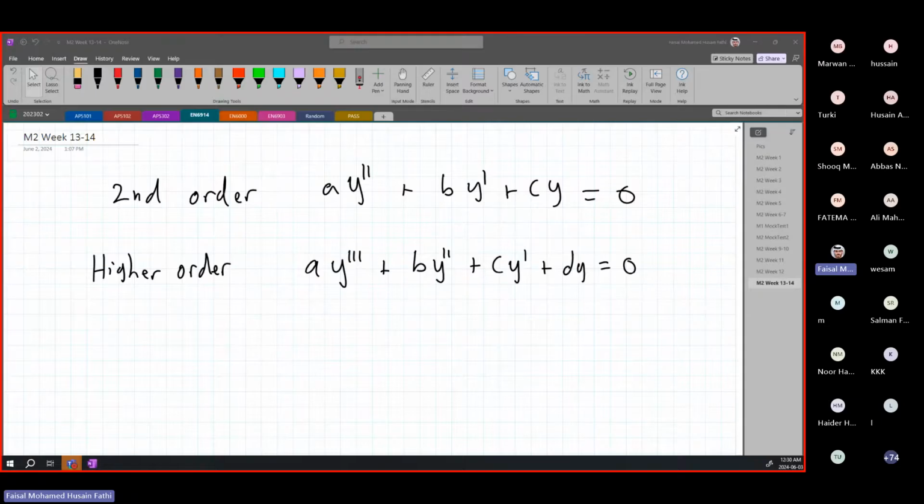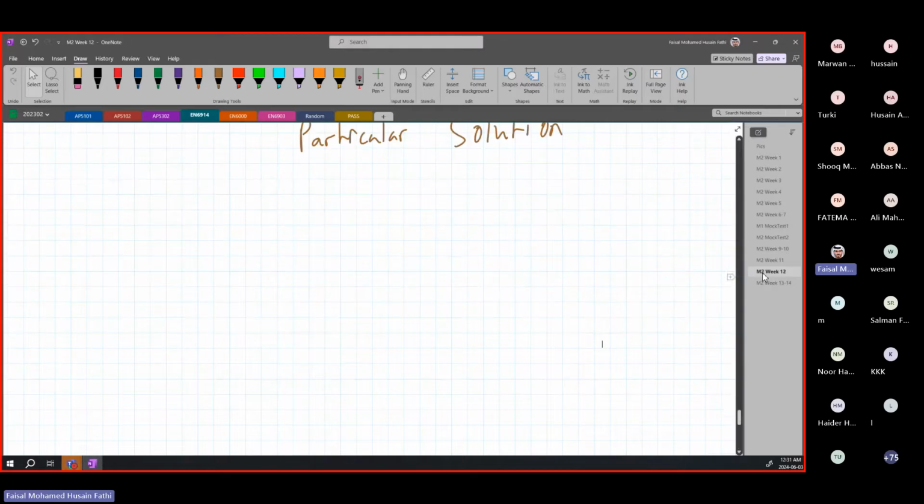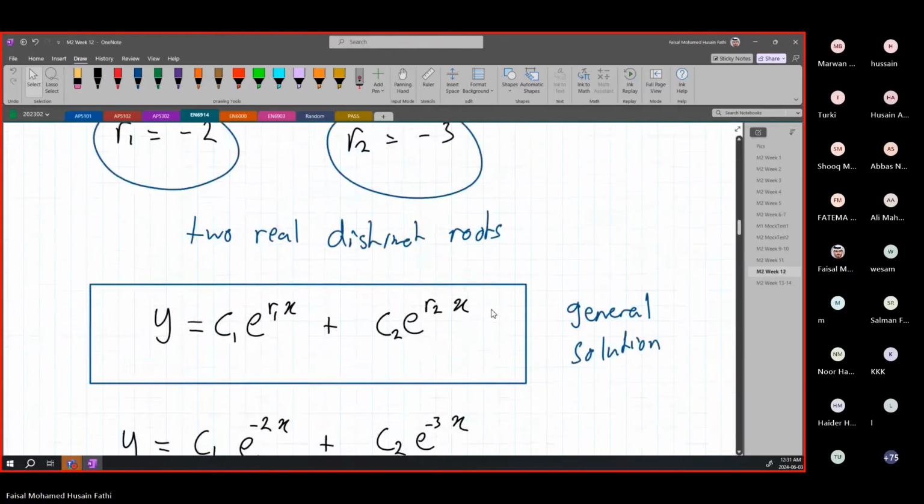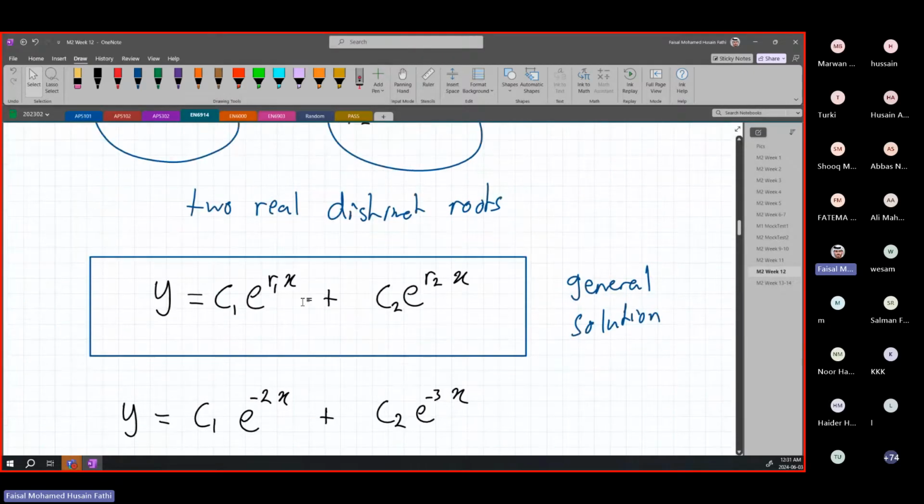In this case, you're going to have the exact same cases as we had earlier, but they're going to be combined together. If you remember, here are the cases that we did. If I go back to them very quickly, we had this general solution for two real distinct roots.